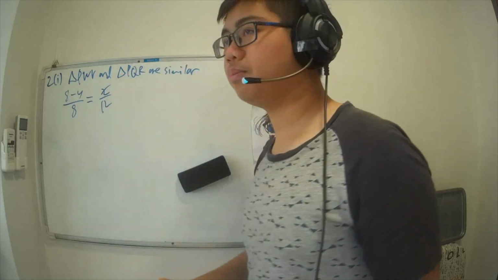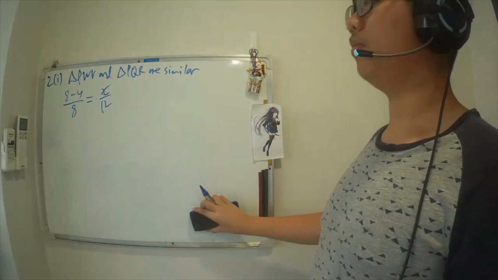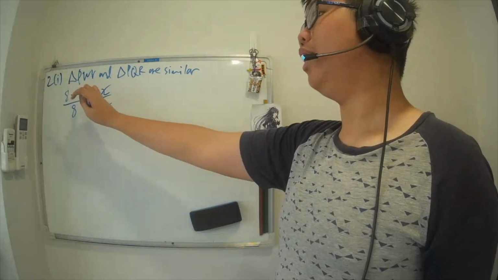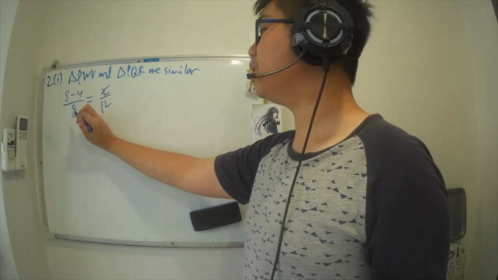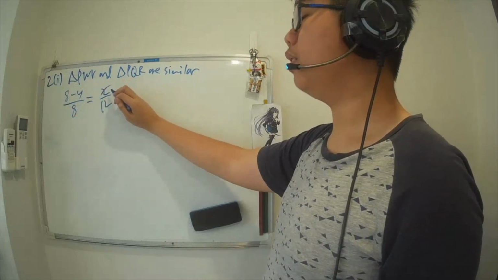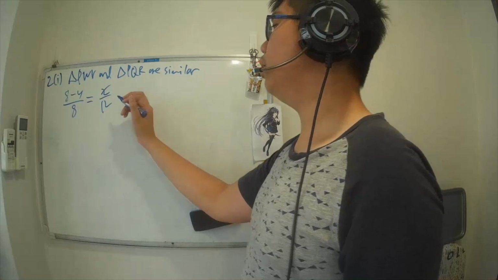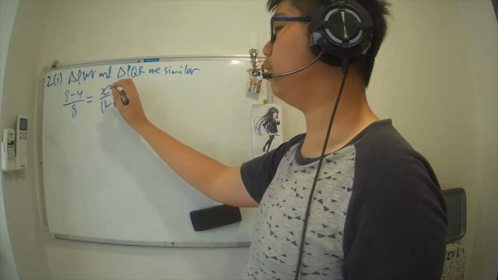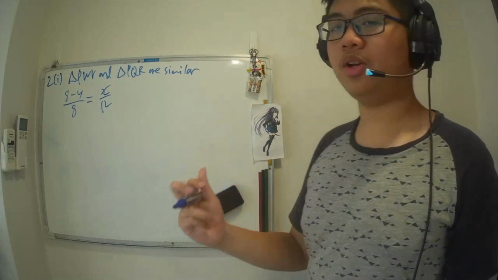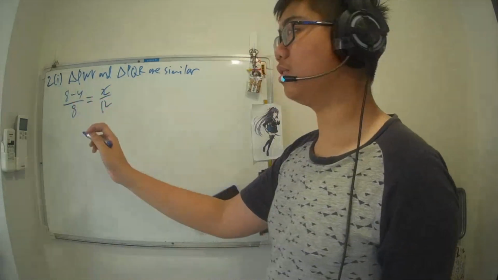By doing this, we are comparing the PW, this is PW, and this is PQ, and this is WV, and this is like the QR, okay?